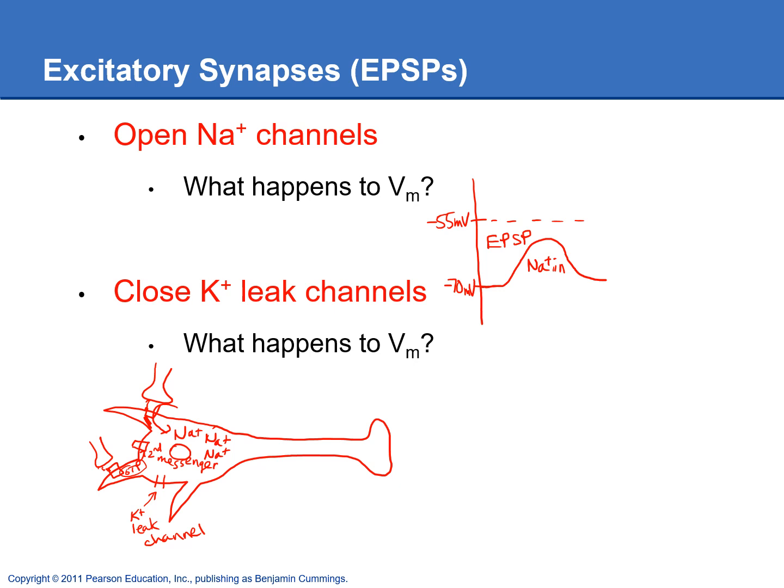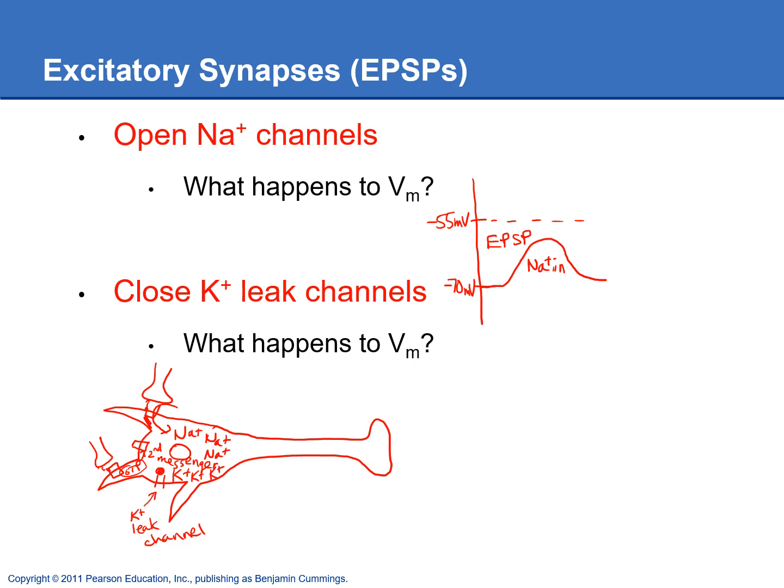And those phosphorylated proteins will block the potassium leak channels. So remember that leak channels are always open. They're always leaky, okay? And these phosphorylated proteins block them. And remember that potassium always wants to move out of the cell. So sodium always wants to go in, potassium always wants to leave. But if the potassium leak channels are closed, potassium can't leave. It just builds up inside the cell because it can't leak out.